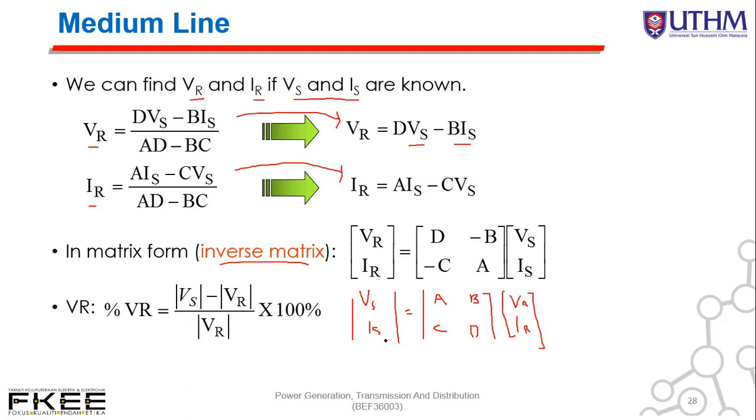If we look at the sending end voltage and sending end current, and look from the receiving voltage and receiving current, it is nothing but the inverse matrix of the sending part of the current and voltage. So from here we can calculate the voltage regulation, that is Vs, the sending end voltage, minus the receiving end voltage, divided by the receiving end voltage.